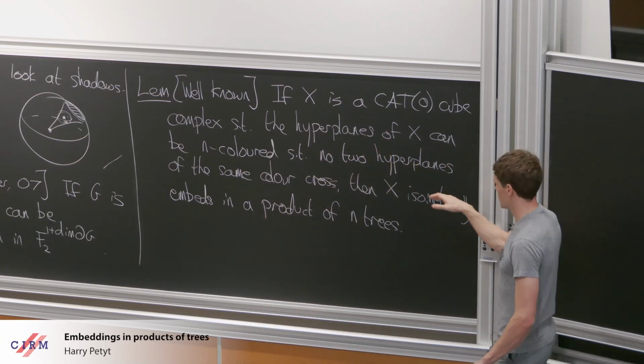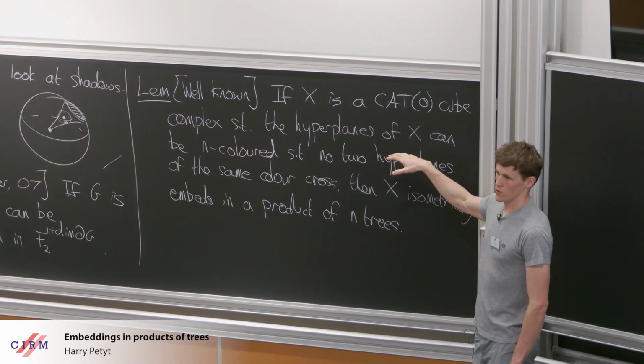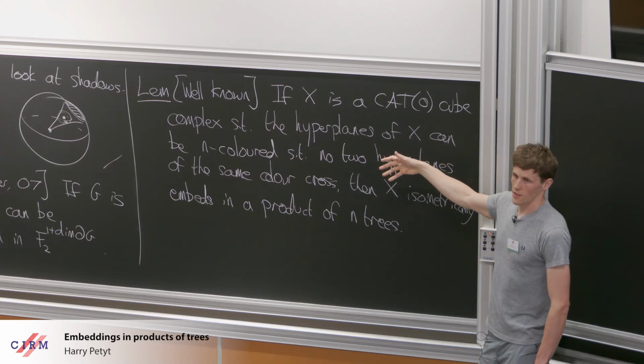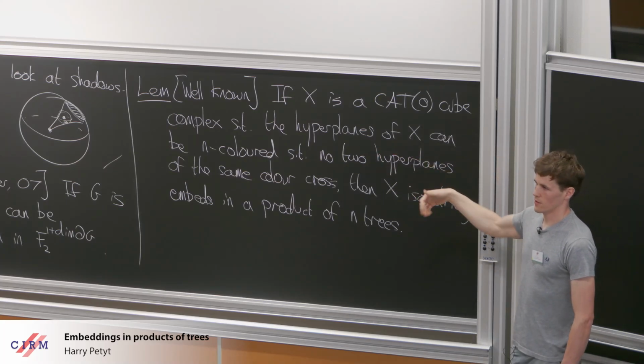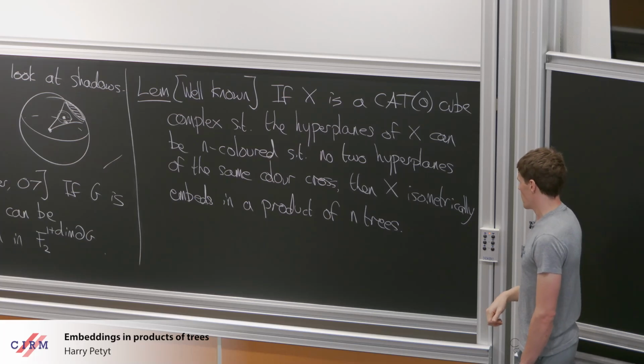And if the coloring of the hyperplanes was an equivariant coloring, then it's an equivariant isometric embedding in a product of trees.